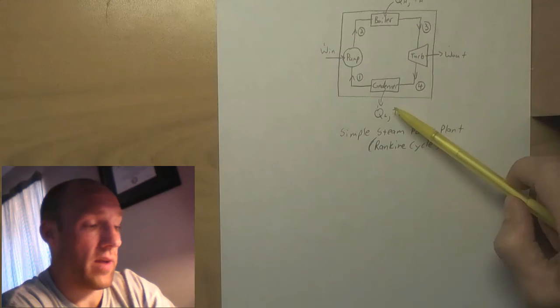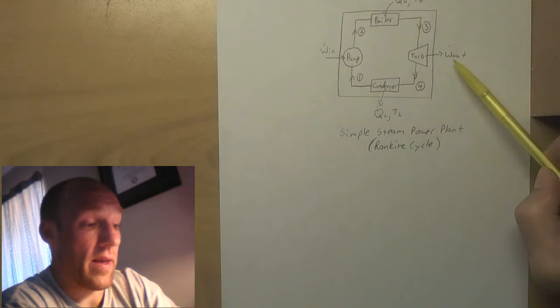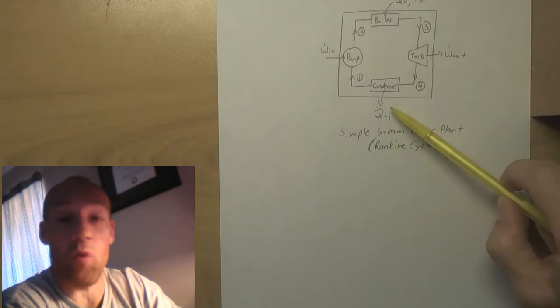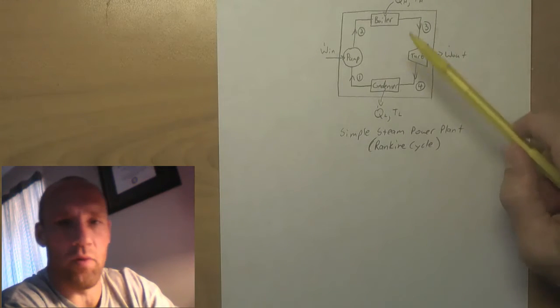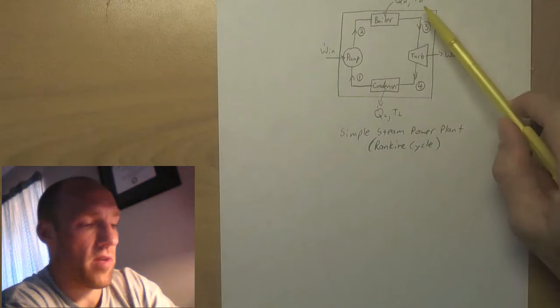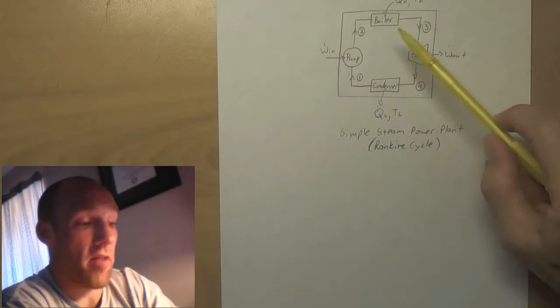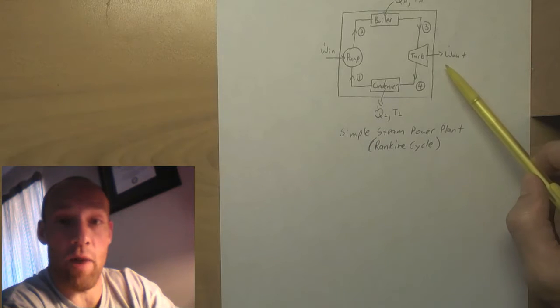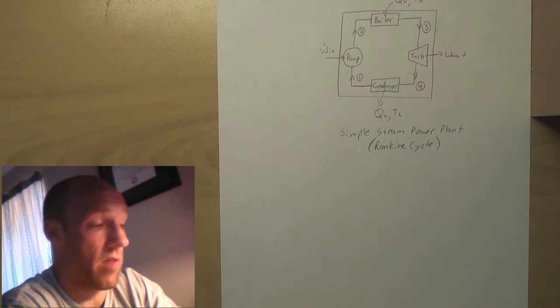And as we'll get into a little bit later, it not only creates work, it also has to reject some heat. So it basically takes a temperature difference, draws in heat on the hot side, produces a certain amount of work, and pushes out heat on the cold side.